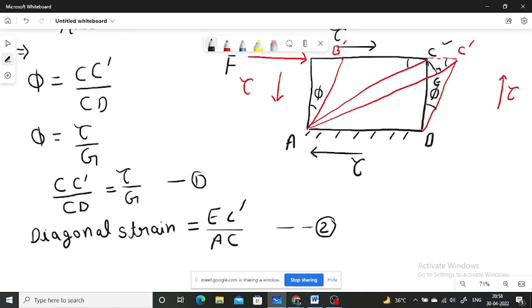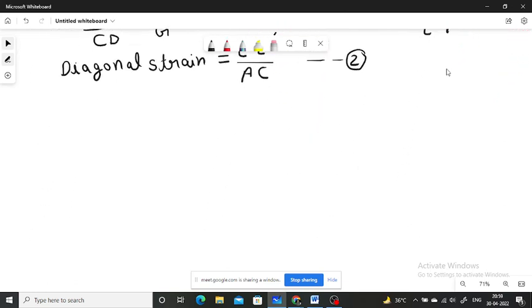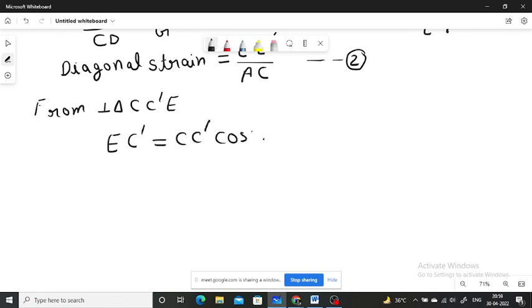Now from the right angle triangle CC dash E, EC dash will be equal to CC dash into cos 45, or say CC dash upon under root 2.